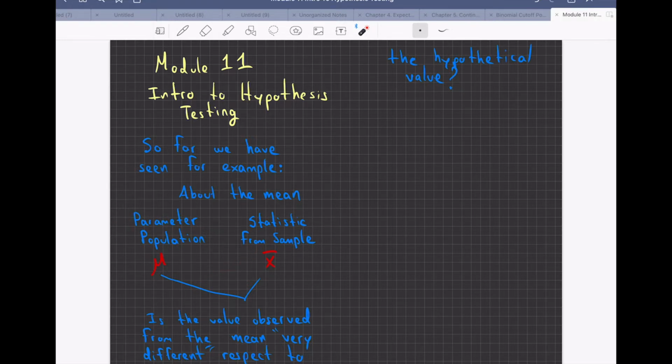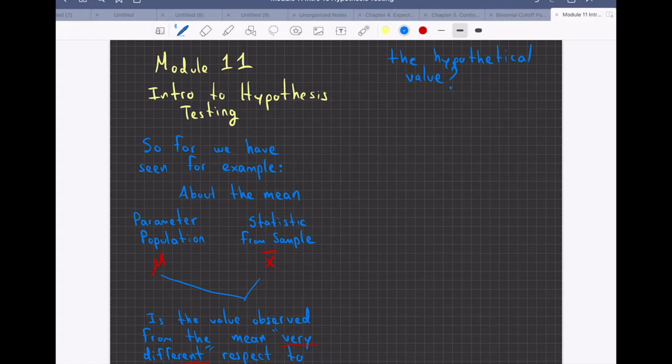But again, what I want to explain for now is that we're trying to test whether what we observe in the sample is "very different", and notice how I put quotation marks, with respect to the hypothetical value. Of course, we don't use this phrase here in statistics.